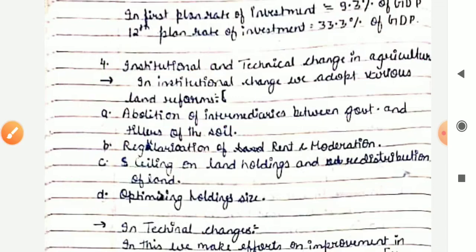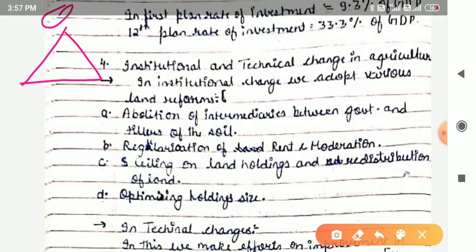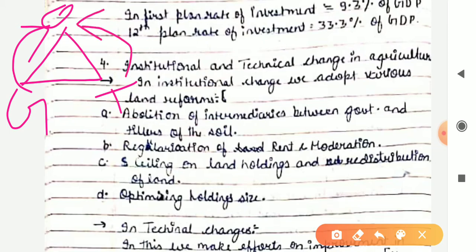As we studied in our first chapter, there is a triangular relation between owners of the soil, tillers of the soil, and the government. Government charges some tax from the owners of the soil, and tillers have to pay a part of the production to owners. Owners had to pay the tax to government.